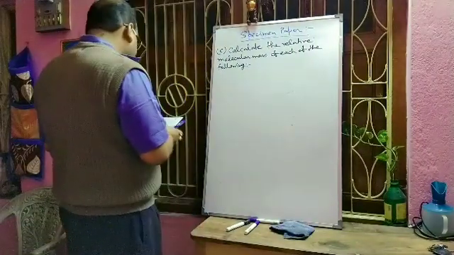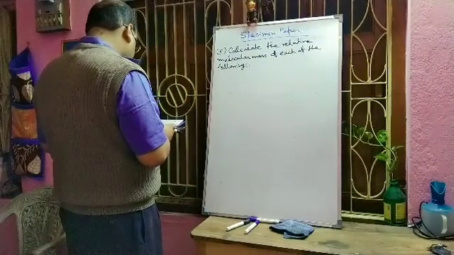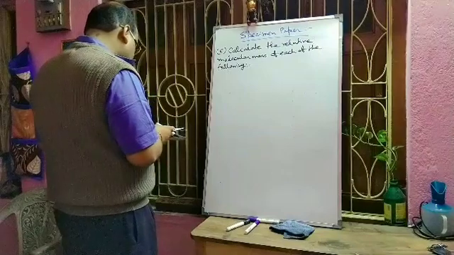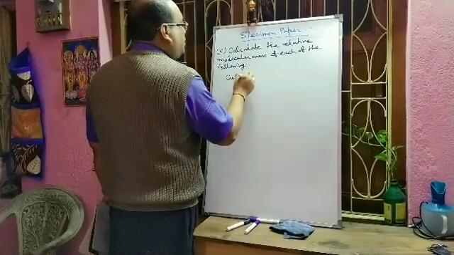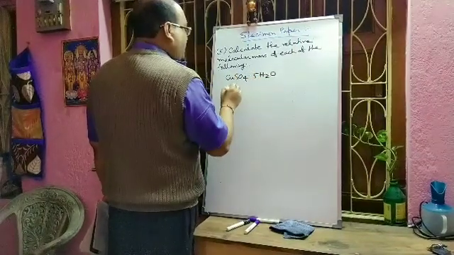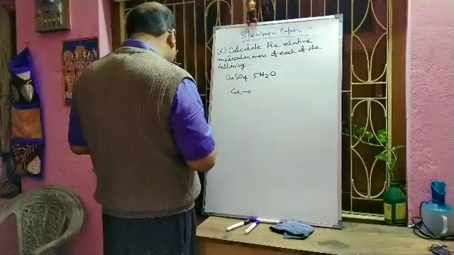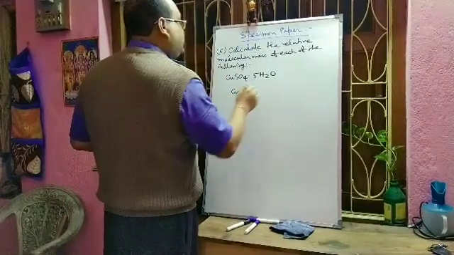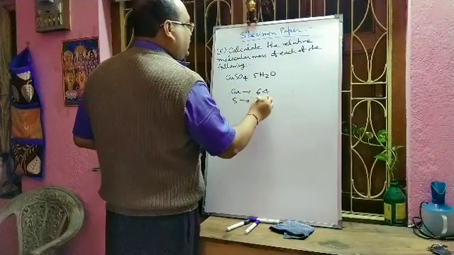Next question is given: hydrated copper sulfate, that means CuSO4.5H2O. So here first one is copper. Copper only one atom is there. Copper mass will be 64. Sulfur will be 1, so that will be 32.